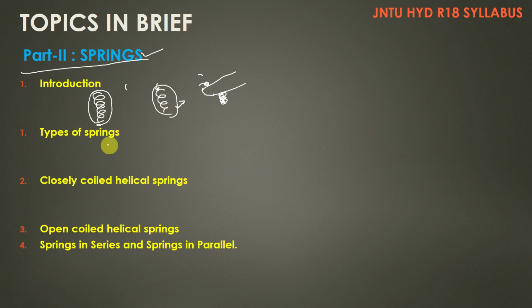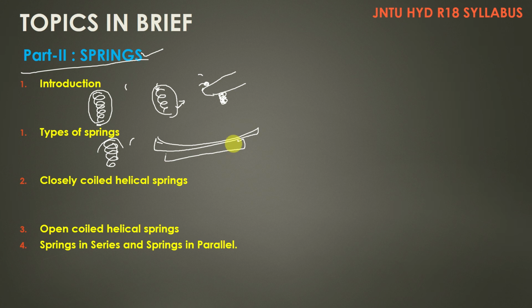Types of springs. Many types of springs are there that we are using here. Closely coiled springs, open coiled springs. For bikes, you use these types of helical springs. That means open coiled and closely coiled come under helical springs, and you have leaf springs also. Heavy vehicles like lorries or four wheelers have leaf springs in order to absorb the shock.